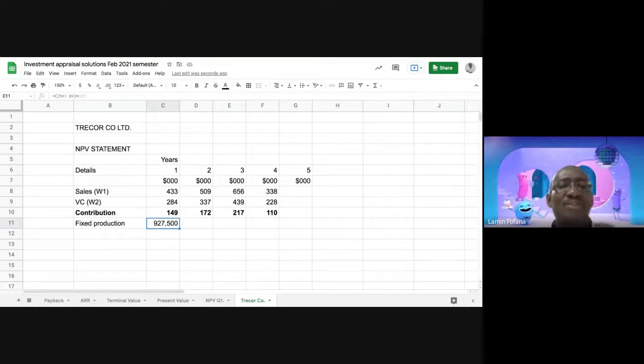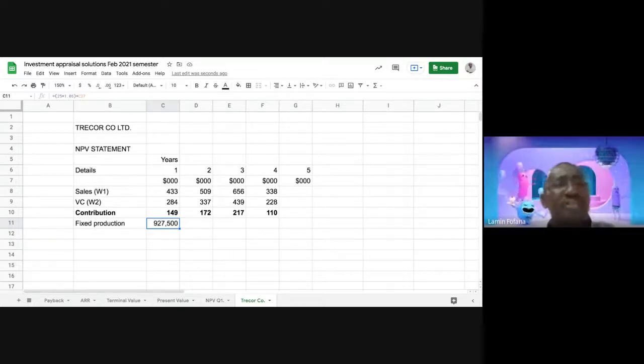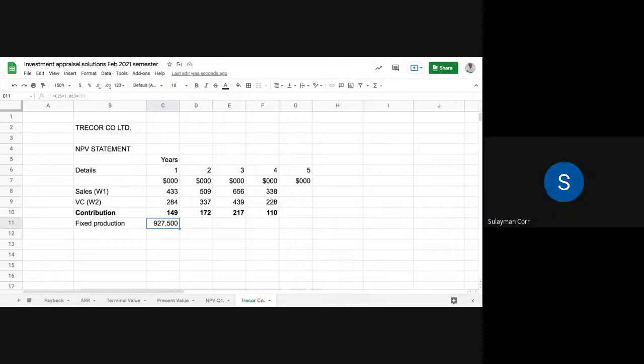How can we have our fixed production at 927,000 compared to 433,000? I think it should not be multiplied by the units. Exactly. It should not be multiplied by the units. It's only going to increase per annum. So it's an incremental one, but it's not going to vary with the unit. Increase by 1.06.